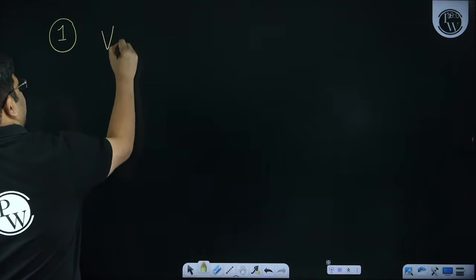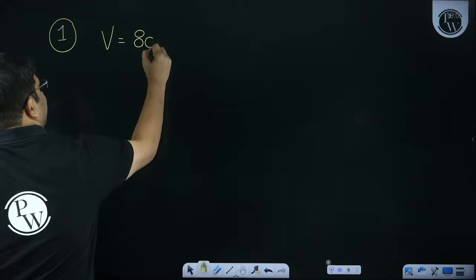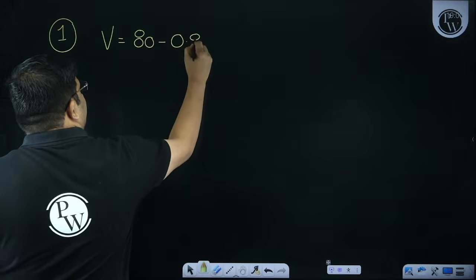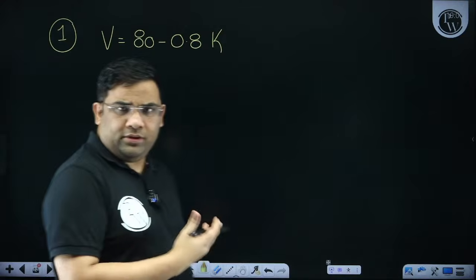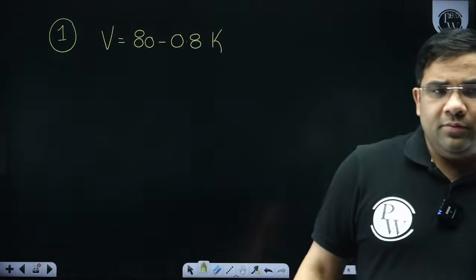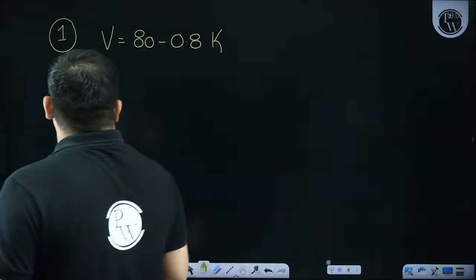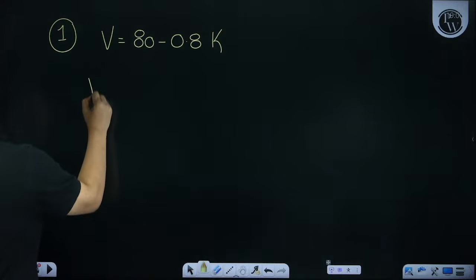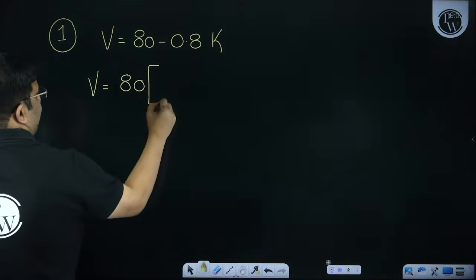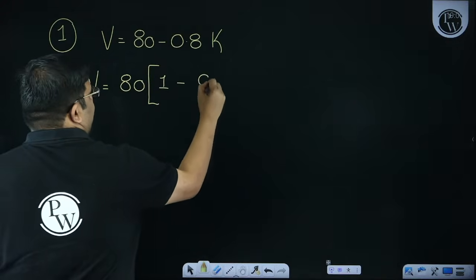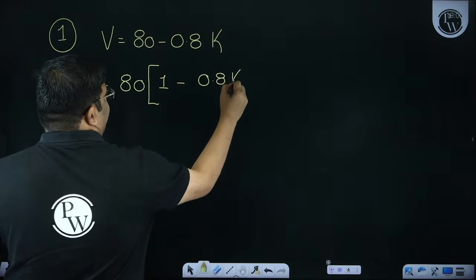Suppose V is given as 80 minus 0.8 K. Suppose this is the Greenshields, looking like a linear model. So now in this, I can take 80 common. So it becomes 80 into 1 minus 0.8 K by 80.